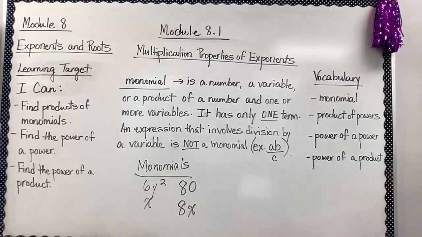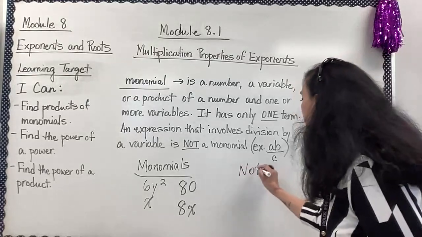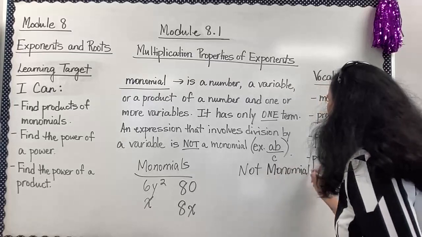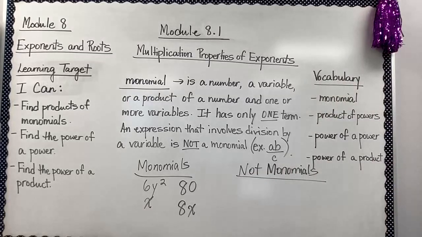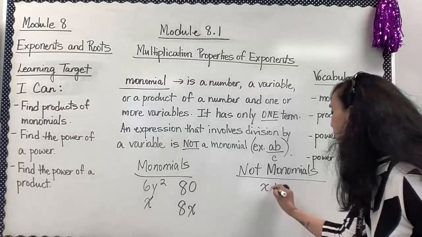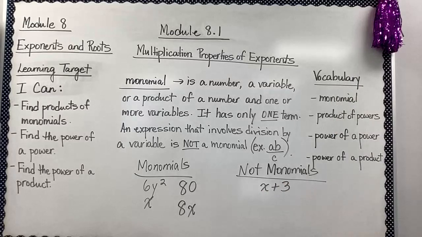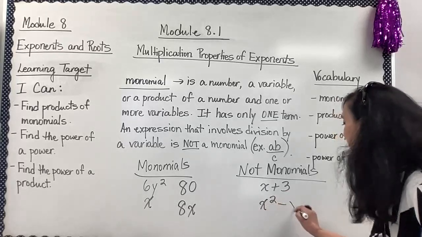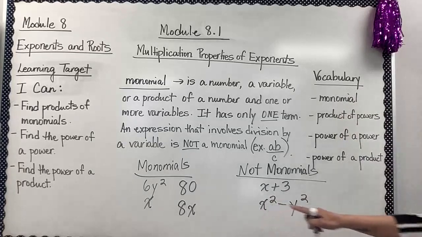Then let's look at examples of what is not a monomial. I could have x plus 3. Look, now we have two terms. If I have x squared minus y squared, once again, two terms.